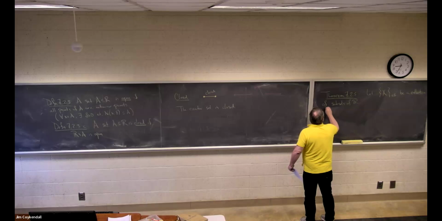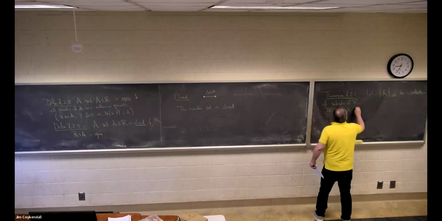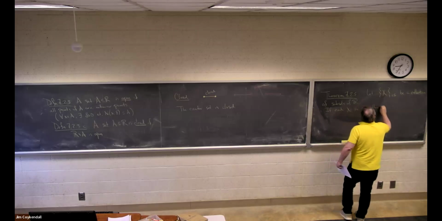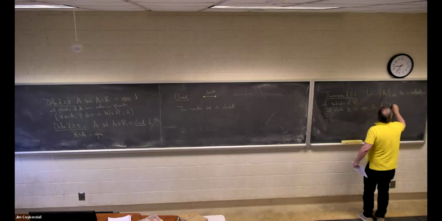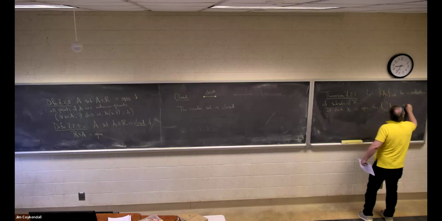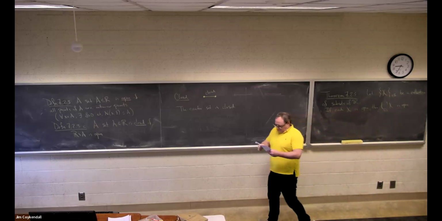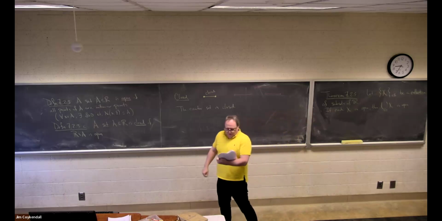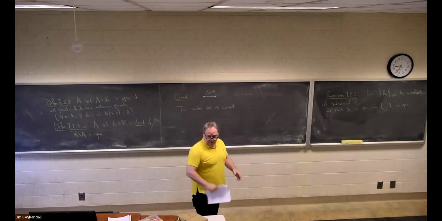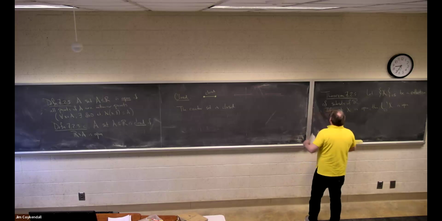Number 1, if each Xi is open, then the union of Xi is open. This one's huge. What it says is that if you have any collection of open sets and you look at their union, it's still open.